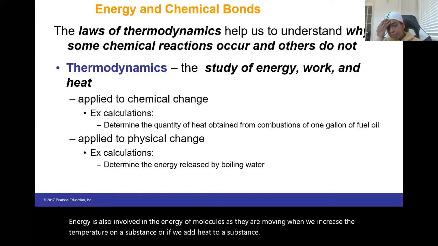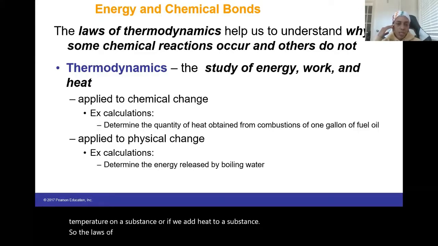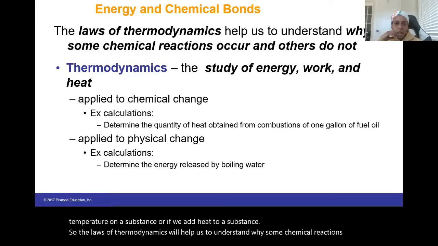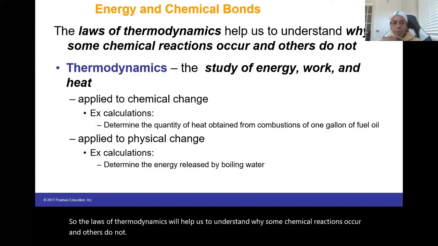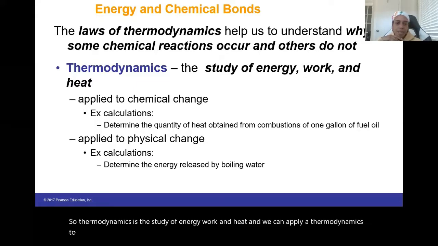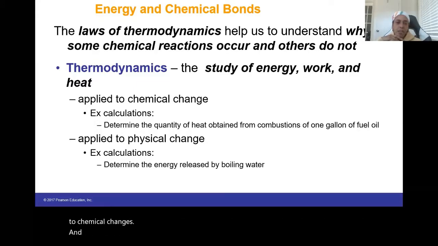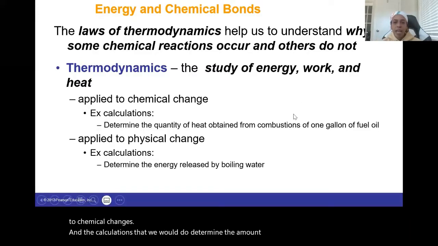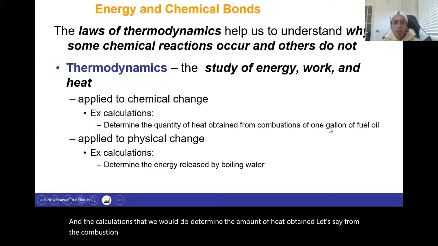So the laws of thermodynamics will help us to understand why some chemical reactions occur and others do not. Thermodynamics is the study of energy, work, and heat. We can apply thermodynamics to chemical changes, and the calculations that we would do determine the amount of heat obtained, let's say, from the combustion of a gallon of fuel oil.